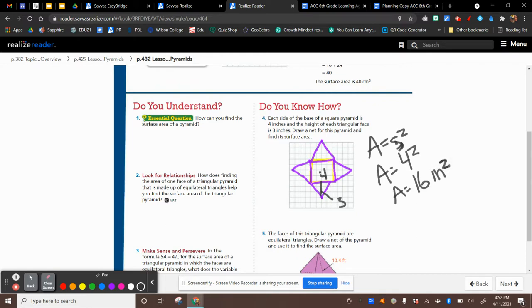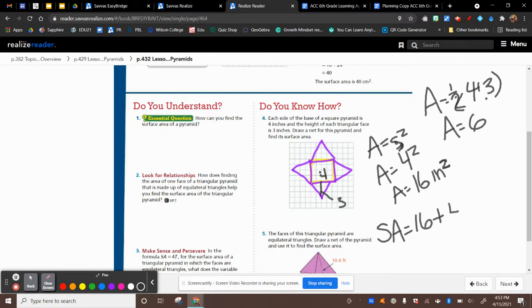For my triangles, I'm going to find the area of 1 by using 1/2. The base is 4. The height is 3. So the area of my triangle is 1/2 of 4, which is 2. 2 times 3 is 6. So that's 1. So if I want to find the surface area, I'm going to take my 16, which is my base.